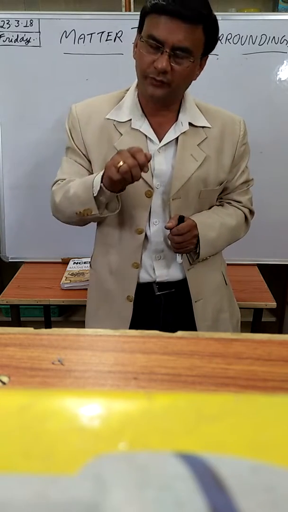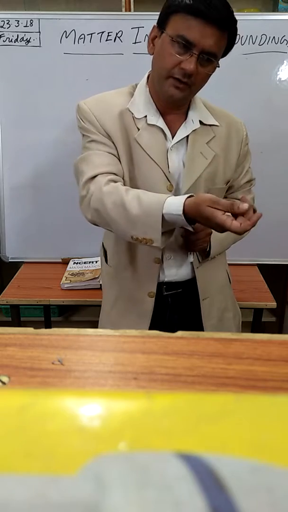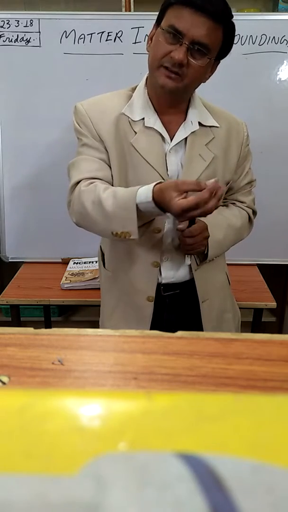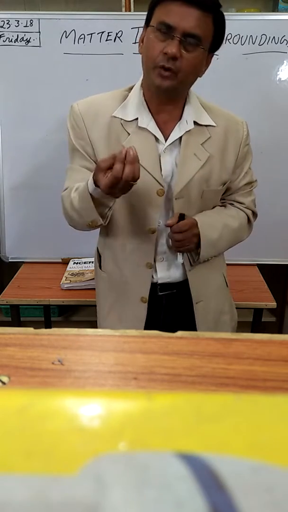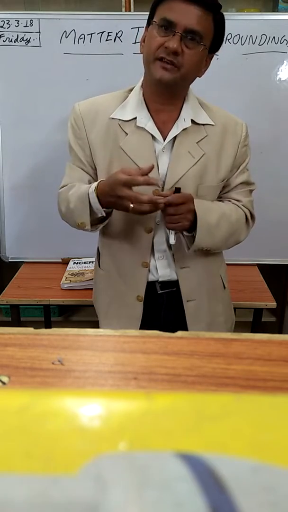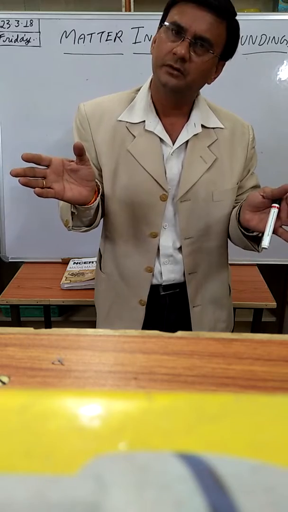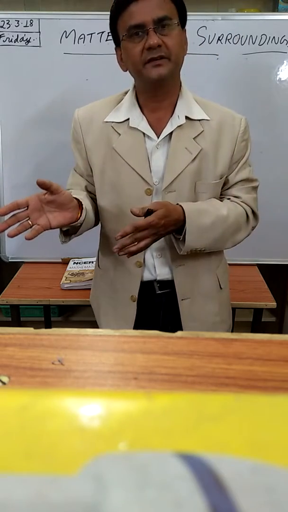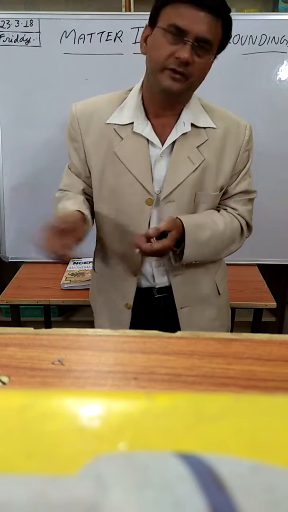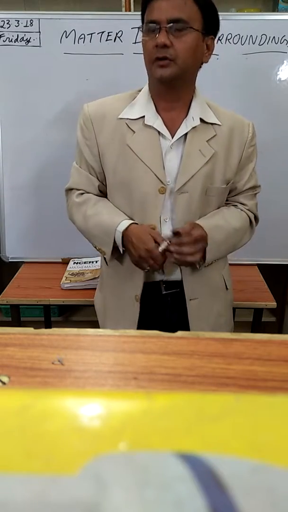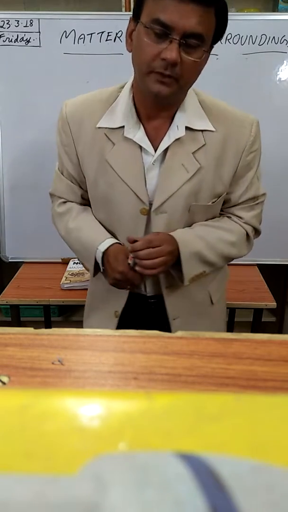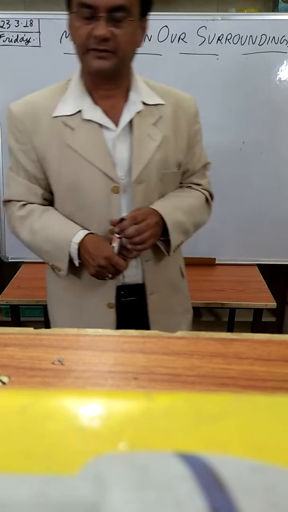Why? Because when we open the knob, the liquid rises up and comes in contact with the air, the pressure decreases, and the particles are free to move in the air, so it becomes a gas, and we light it and cook our food. So this is the difference between the particles.